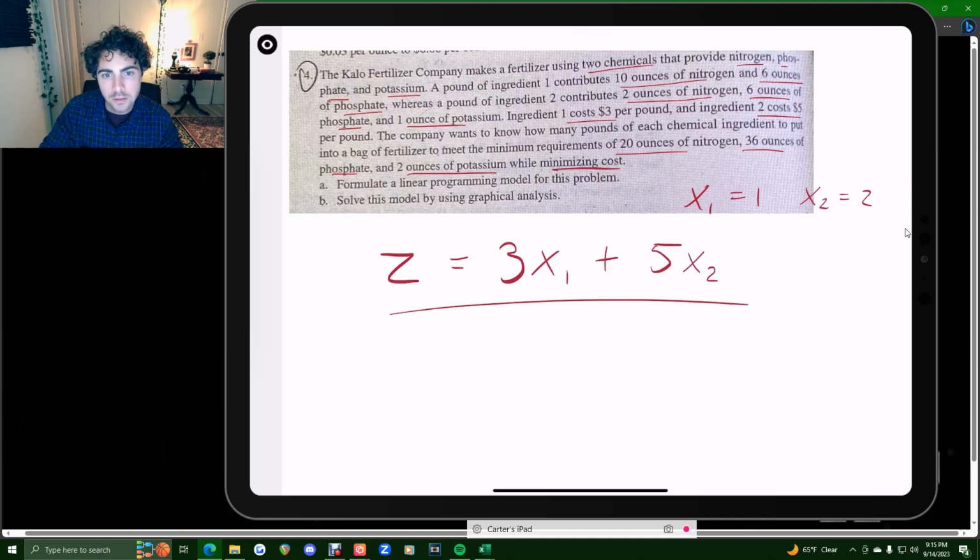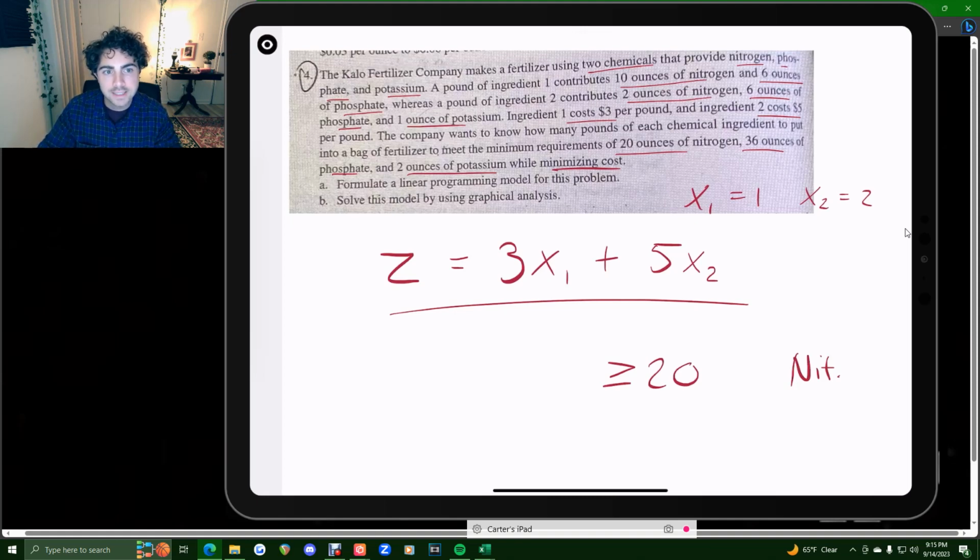Now, we have some constraints, and that is we have minimum requirements of 20 ounces of nitrogen. We need at least 20 ounces of nitrogen, so we're talking greater than or equal to 20. We're going to do a little nitrogen inequality here.